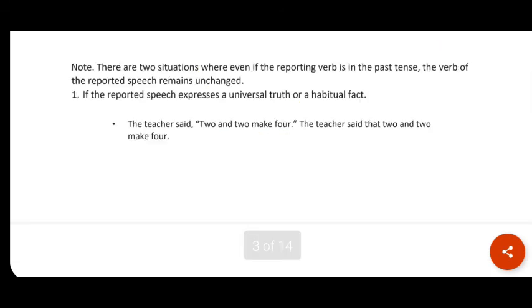Then if the reported speech expresses universal truth or habitual fact, the tense of the reported speech remains unchanged.